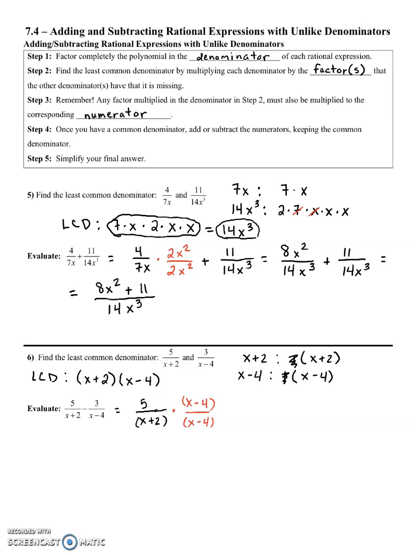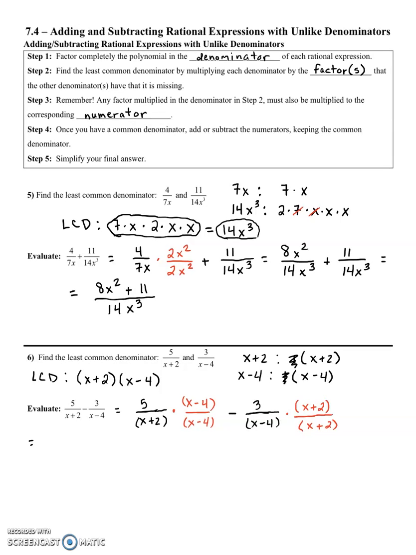Okay, now we're going to subtract. We have 3 over x minus 4. And what's missing from that denominator is an x plus 2. So I'm going to multiply that expression by x plus 2 over x plus 2.